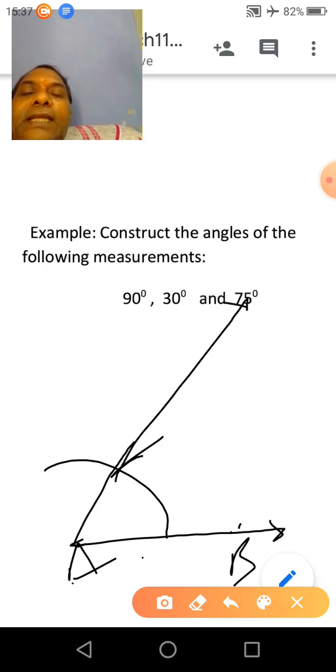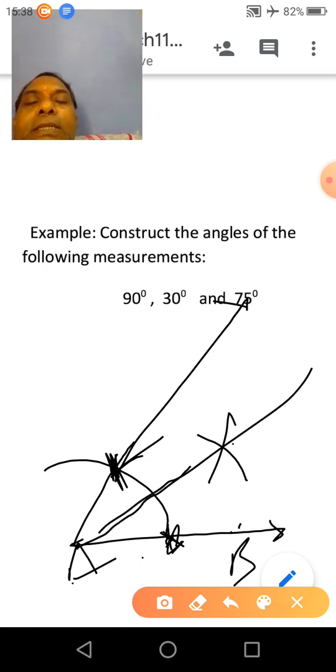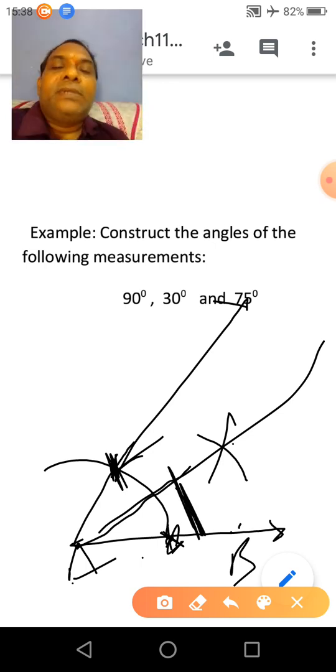Now bisect this angle, here to here you have to bisect. So taking B as center, draw an arc of any radius and from this point also the same arc, which intersect each other at a point. Join this, then this angle will be 30 degrees. Clear?